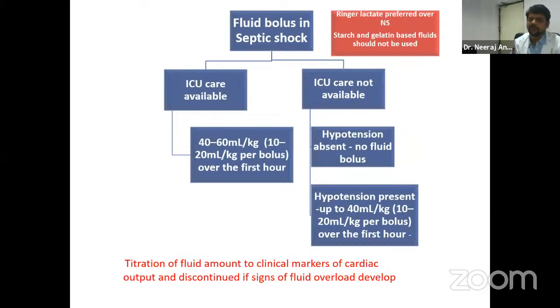If ICU care is not available and the patient is not in hypotension, then no fluid boluses are to be given. If the patient presents with hypotension and ICU care is not available, we could give 10 to 20 ml per kg of fluid bolus, but the fluid could be given only up to 40 ml per kg over the first hour.